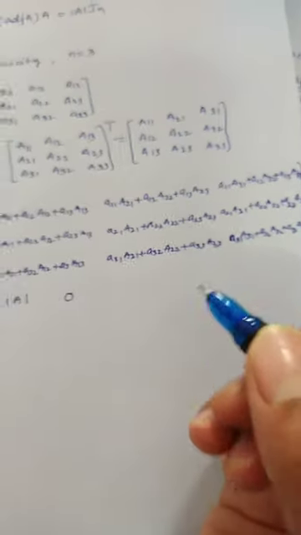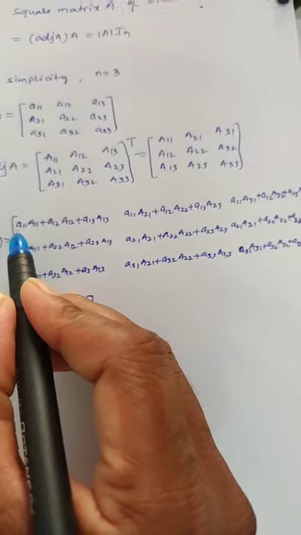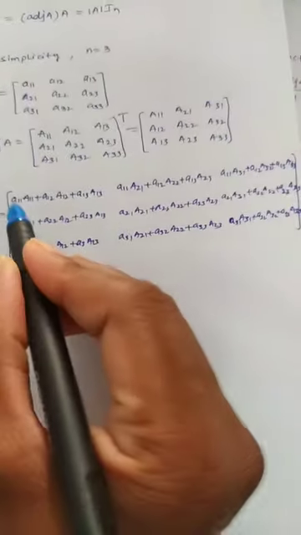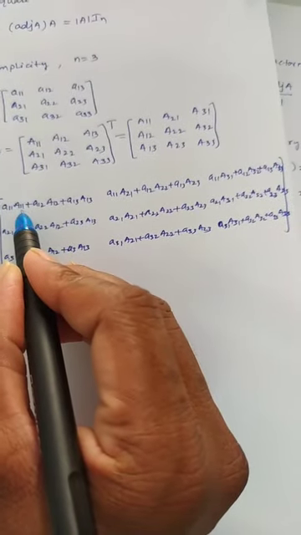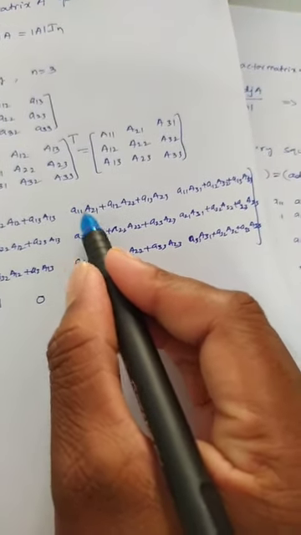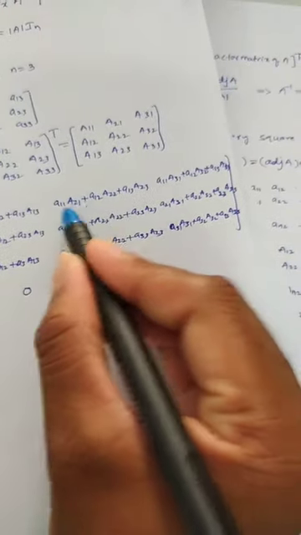Understand? The sum of products of elements and their corresponding cofactors always gives the determinant. So in the first element, the elements and their corresponding cofactors match, so I am writing det A. But in the second element, observe the element a11, but it is not with its corresponding cofactor, so this sum will give 0.